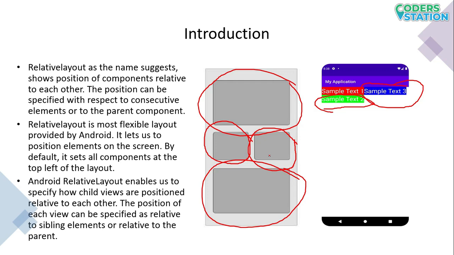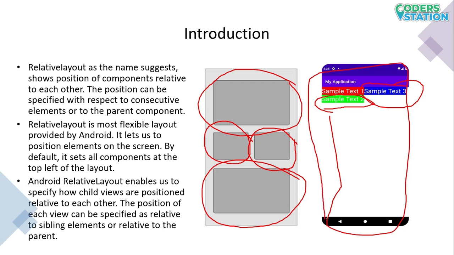We can also design using a parent layout, like this parent screen that we have. In relation to this parent screen we can place the element in the center, at the top of the screen, or at the bottom, on the left, or on the right side of the screen. That can be done in relative layout.